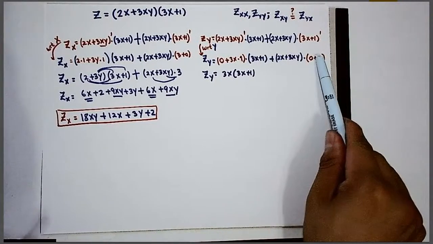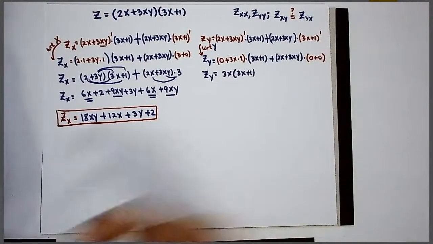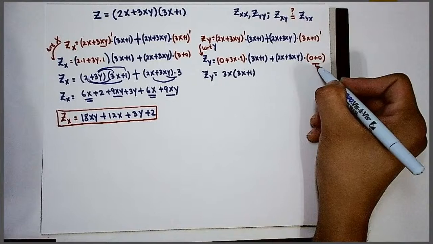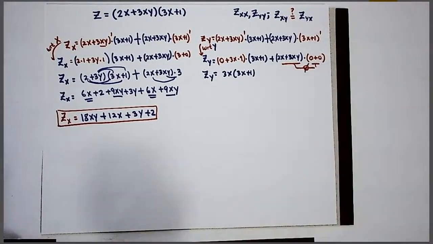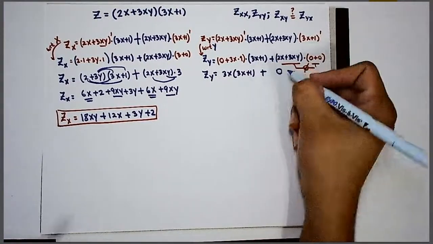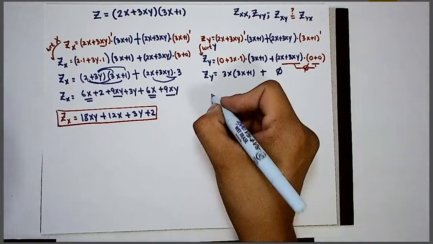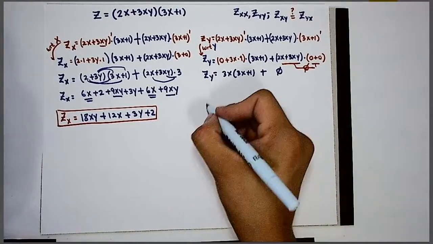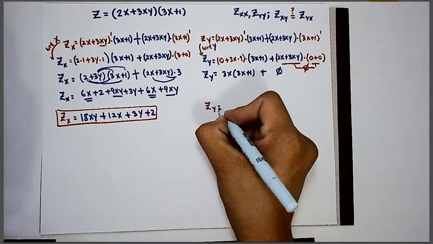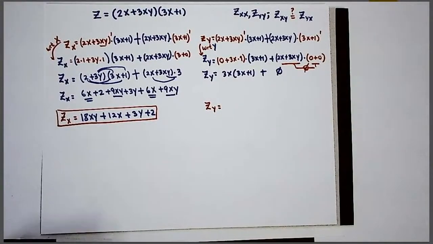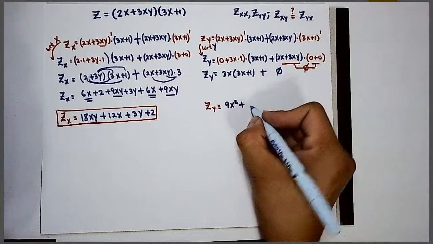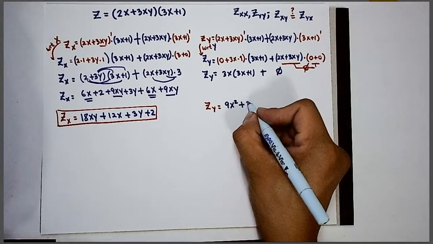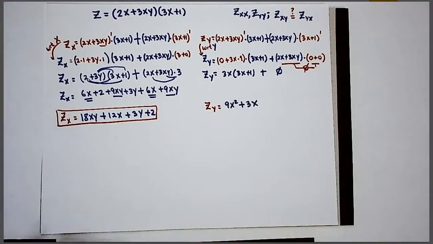Now 0 plus 0 is 0, and 0 times all this factor is going to be 0. So this is plus 0. This means that the partial derivative with respect to y is simply 9x squared plus 3x.